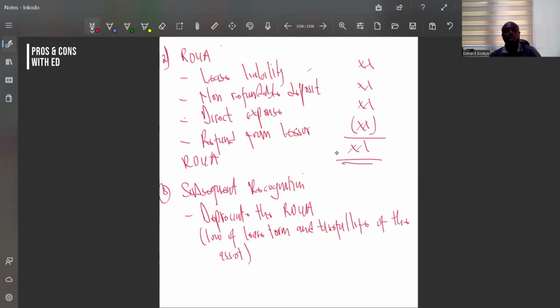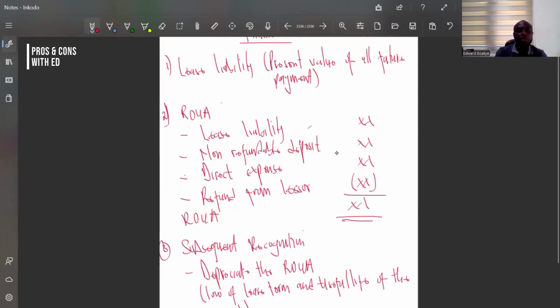So the useful life of the asset in question is what we are talking about. Then you can amortize the liability.